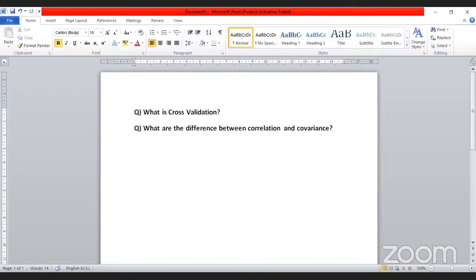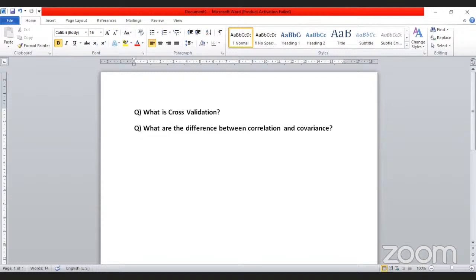Covariance just gives us the direction. This is the positive correlation, this is the negative correlation. It is not giving us the strength of the relationship between the two variables, right? So these are the differences between correlation and covariance. Is it clear for you?